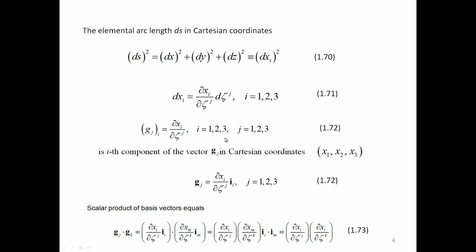This G J I is the ith component of vector G J in Cartesian coordinates x1, x2, x3, so that we have the following expression.